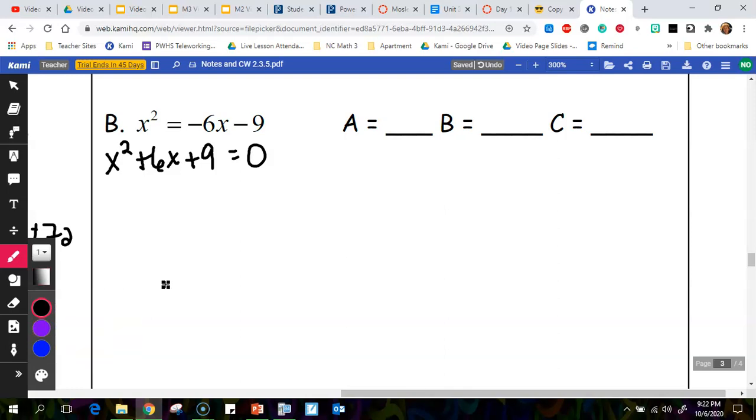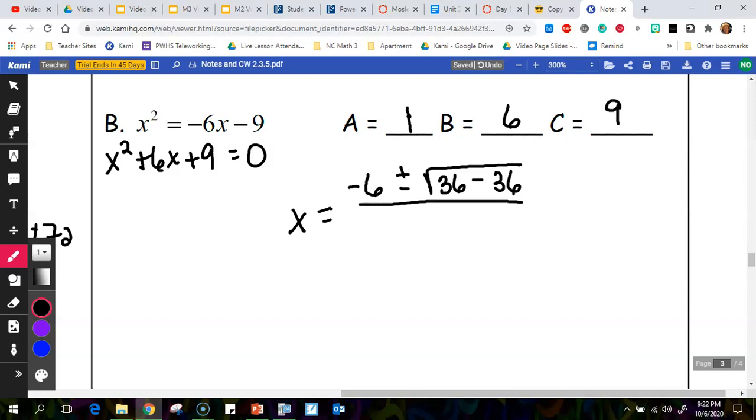So a equals 1, b equals 6, c equals 9. x equals the opposite of b, which is negative 6, plus or minus the square root of 6 squared, which is 36, minus 4 times a, 4 times 1, times 9, 36, over 2 times a.